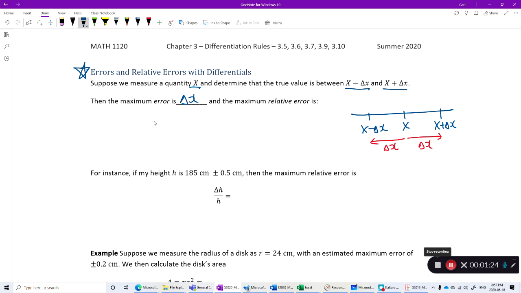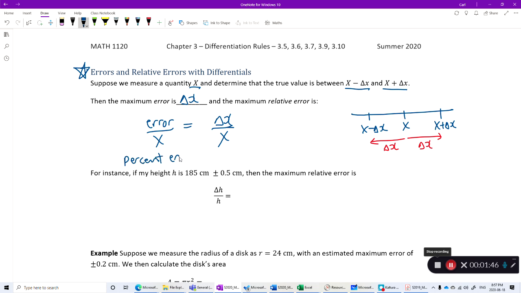And the maximum relative error is the error divided by the value of x, which is delta x over x, right? So that's called the relative error. Okay, and there's also what's called the percent error.